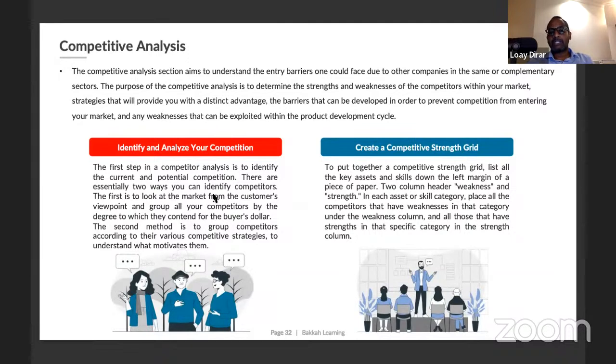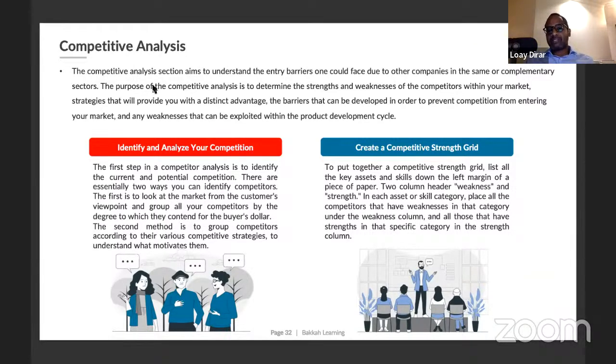Competitive analysis. In simple terms, you need to go and assess your market from a competitor point of view. We call it competition analysis or competitive analysis, which requires developing a competitive strategy.